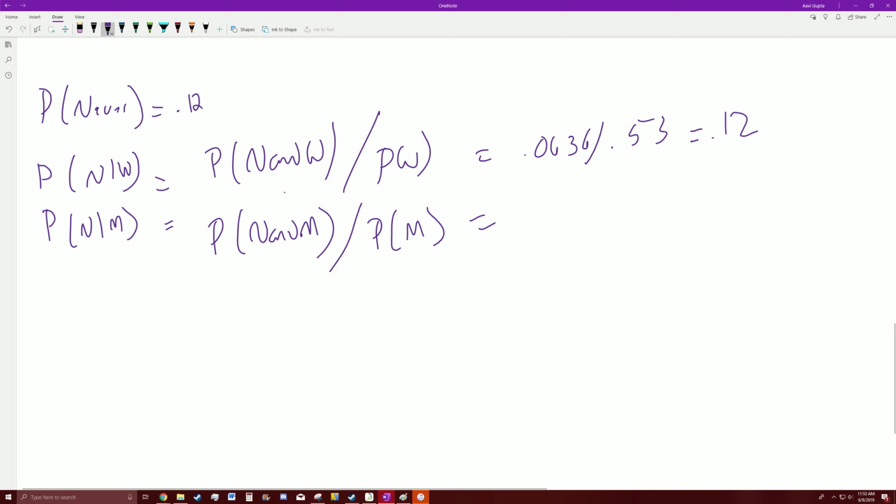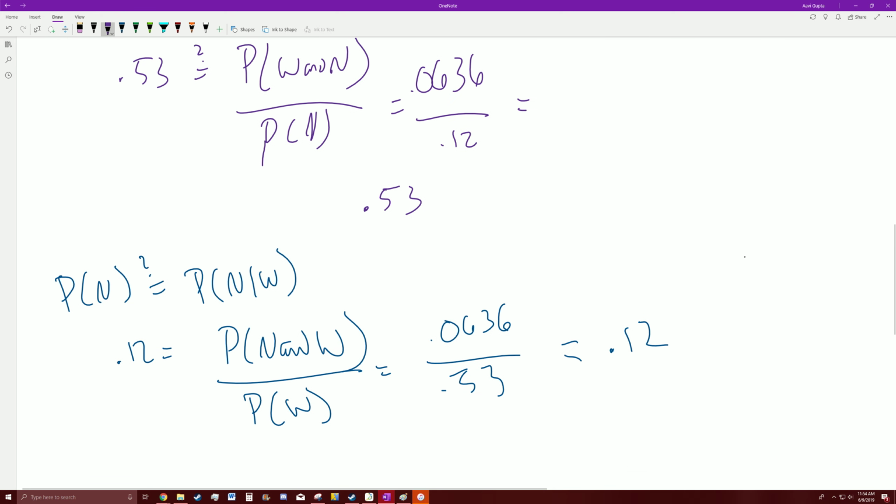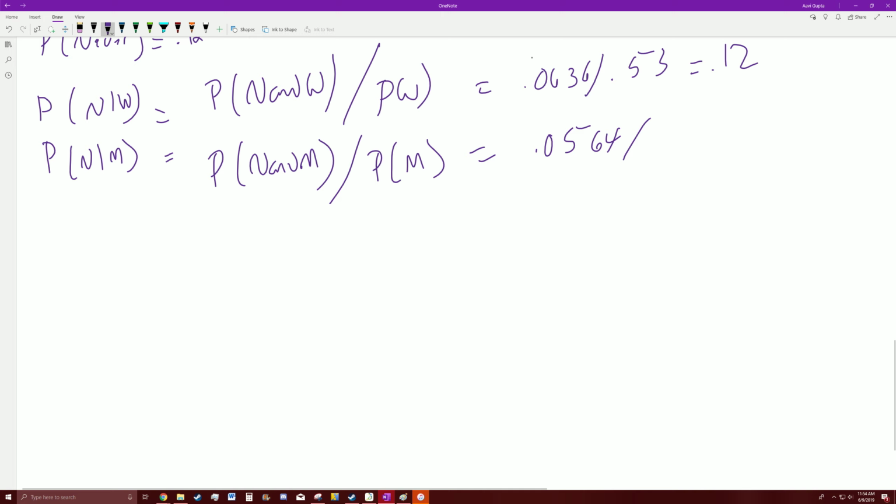0.0564 over man, 0.47. Again, I'm just using the table here. You know what? Let me do another thing. I'm going to make a two-way table quickly. I'm going to call this A, complement of A, B, complement of B. Okay.